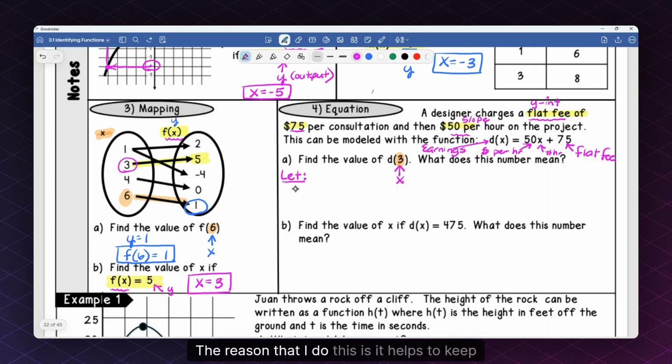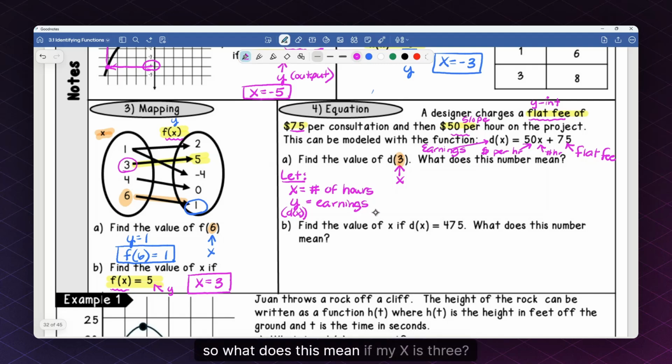The reason I do this is it helps keep my brain straight about what each component means. My X is going to be my number of hours worked. And then my Y, which really is going to be this D of X, the fancy way that it's written, is going to be my earnings.